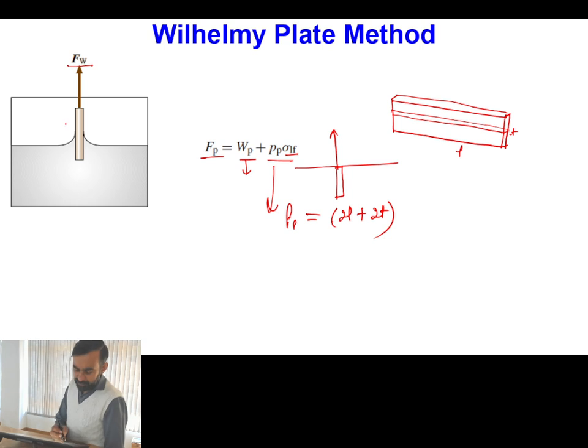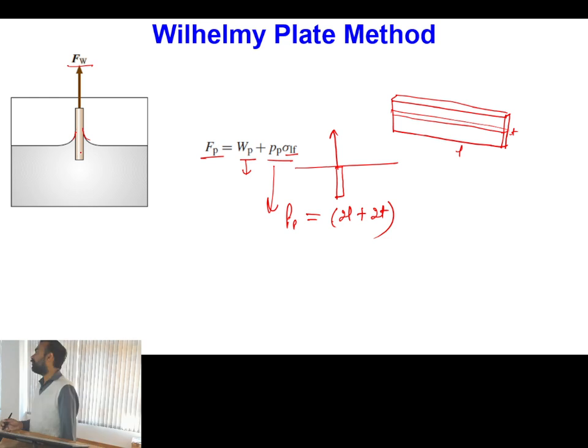The benefit of using the plate is that, because it is not a curved geometry, the interface becomes smooth. Because of this, the contact between the interface and the plate is perfect, and in this scenario we need not use any correction factor.